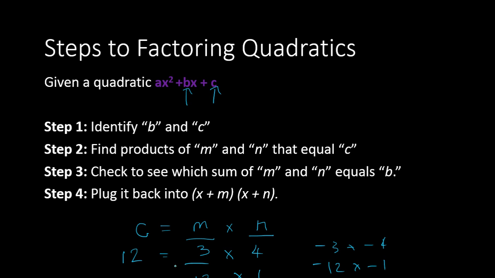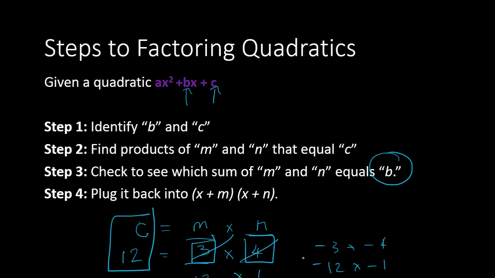Now, once you've established this list of factors that multiplied together equal your original number, you're going to select a pair based on b. And you're going to ask yourself, when I add these two numbers together, which one equals b? So for example, if b was equal to 13, I would consider my pairs, and I would say, well, 3 plus 4 is equal to 7.